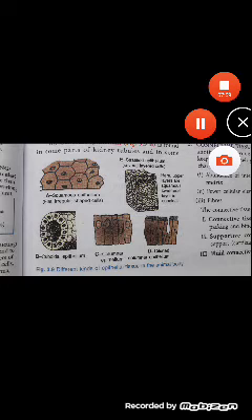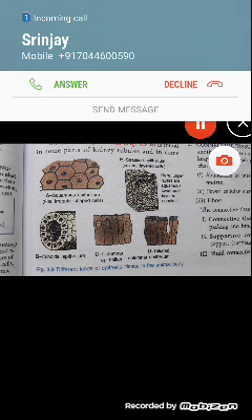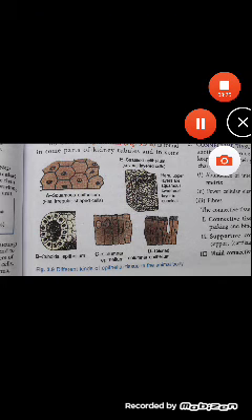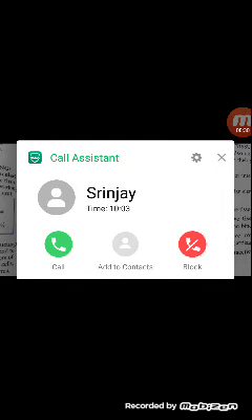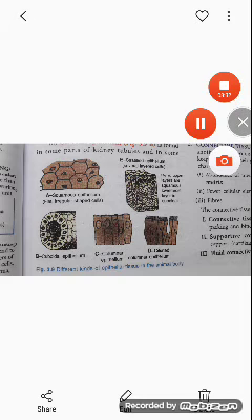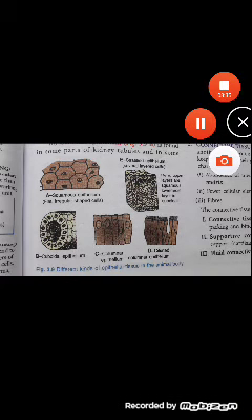Next, the epithelium that we are supposed to discuss is ciliated columnar epithelium. At some places in the body, such as in the lining of the trachea, that is windpipe, the columnar epithelium is ciliated.